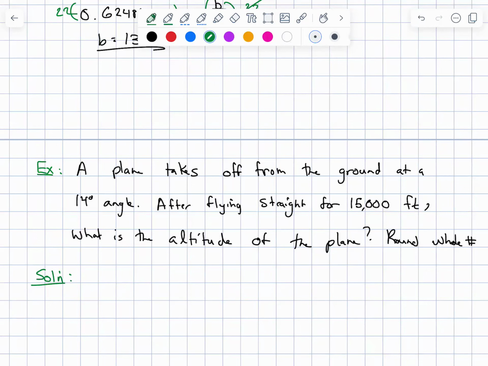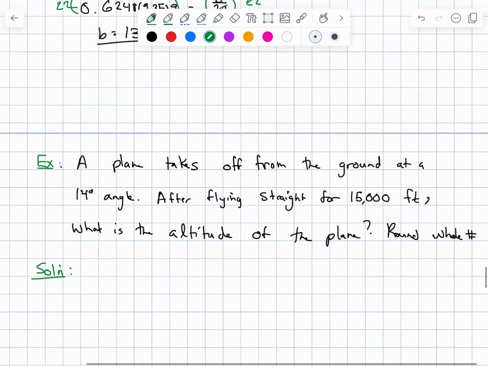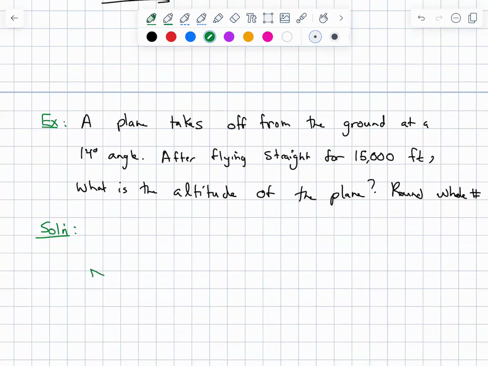It might seem stupid, but a picture can really help you jog your memory of different properties that you know about triangles. So we got this super cool airplane with a rocket booster.